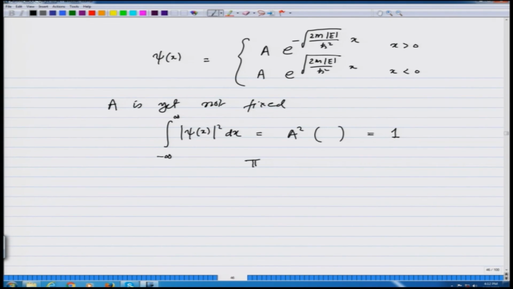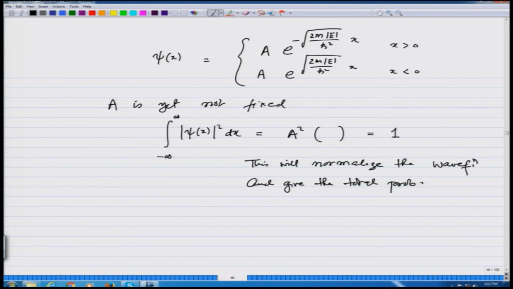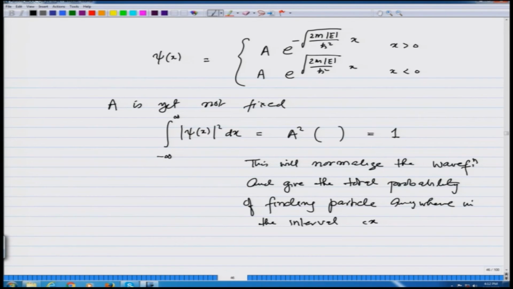and this will normalize the wave function and give the total probability of finding the particle anywhere in the interval x minus infinity to infinity to be equal to 1.